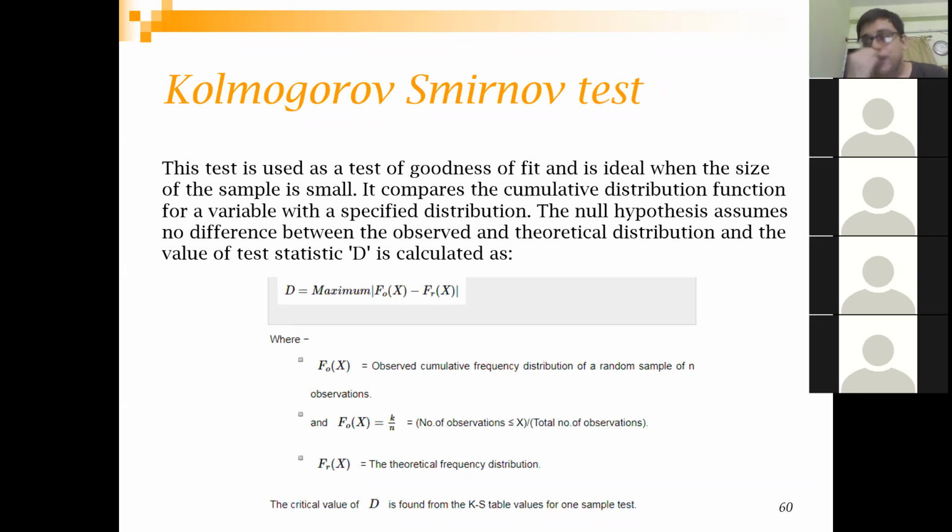If you have maybe 5 points, for each of them you find the observed cumulative probability, and then you also find what the probability would have been if it followed the theoretical distribution, the distribution you want to compare with. For each data point you find this difference, between F0(x) and Fr(x), and then you take the maximum of it.